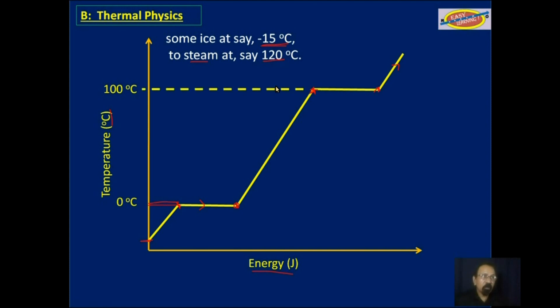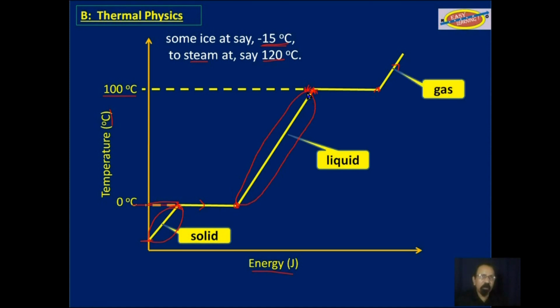This is the boiling point of water. This is the freezing point of water, or the melting point of ice. Notice that at this point here, it is solid ice. At this section here, it is just liquid. And up here, it is gas.